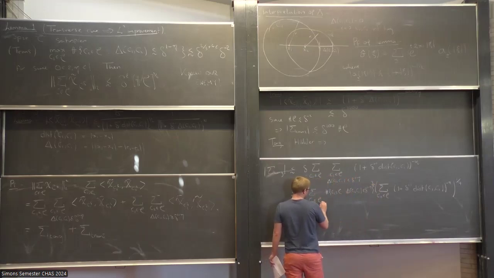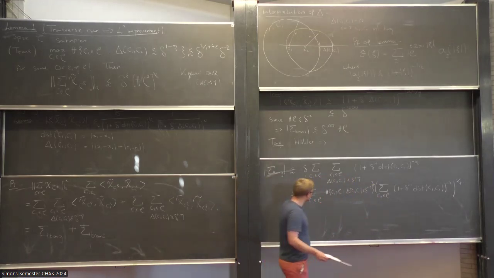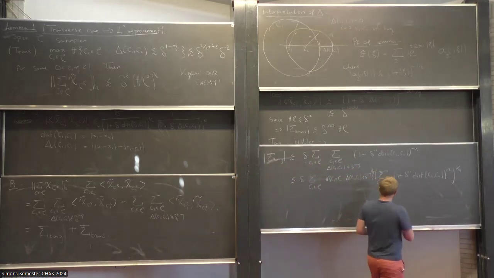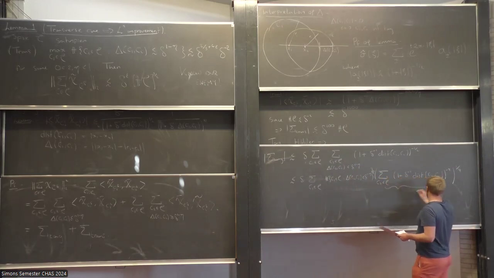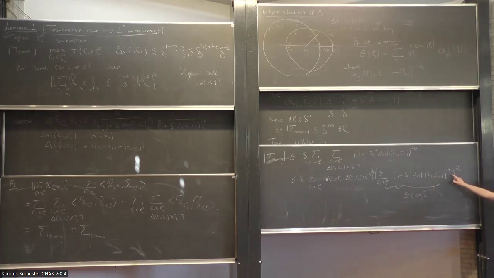C2. That makes sense? So this thing is quite easy to see. This is bounded by a logarithm. This is summable because we've got sufficient decay.